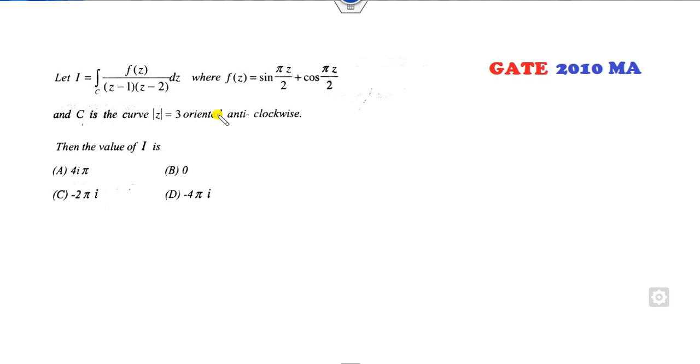Okay, look at another one. Again the integration is given and the circle center is 0, radius 3. Then we can find the poles. Pole is my 1, pole is my 2. What is the pole of f of z? Because it's a sine and cosine, it can never go to infinity.